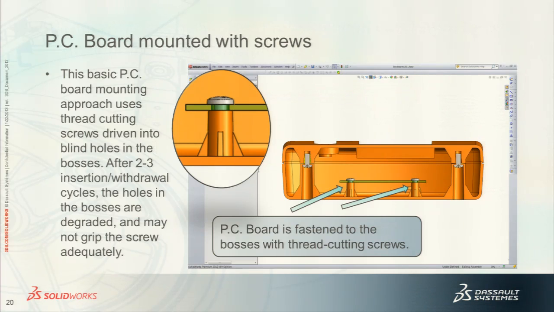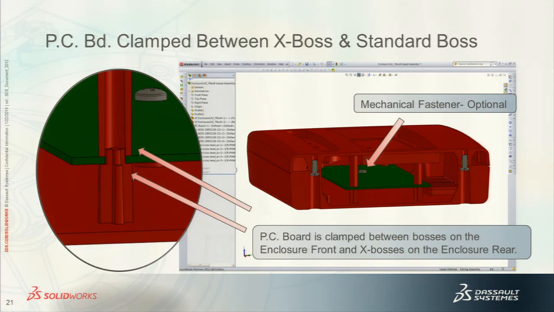Now here's that conventional method of mounting a circuit board. I'm using 4 self-tapping screws, thread cutting screws. What I want to try to show you is there are other ways of doing the basic board mounting in your enclosure. I'm using molded in features to capture the circuit board inside the enclosure.